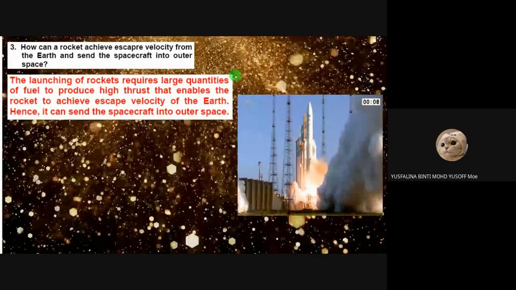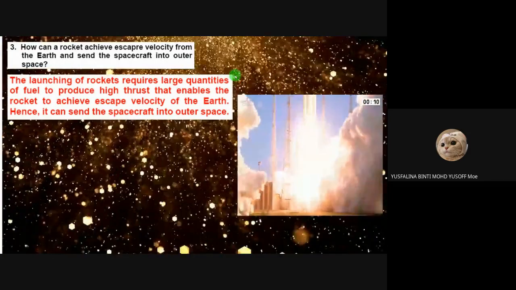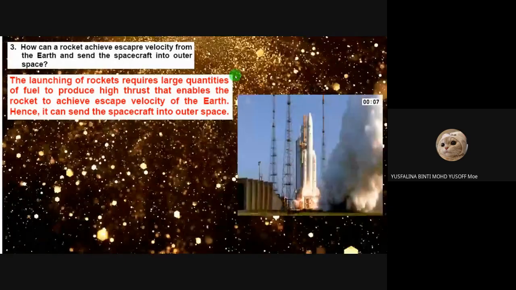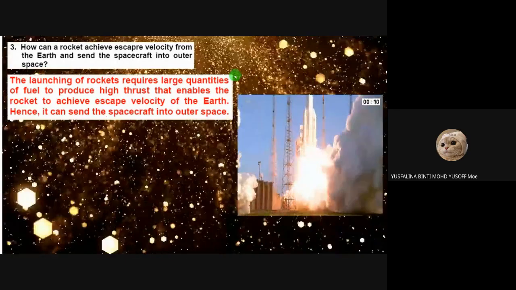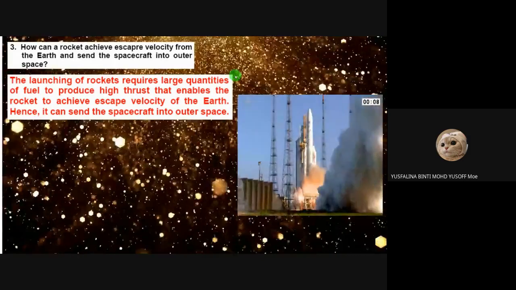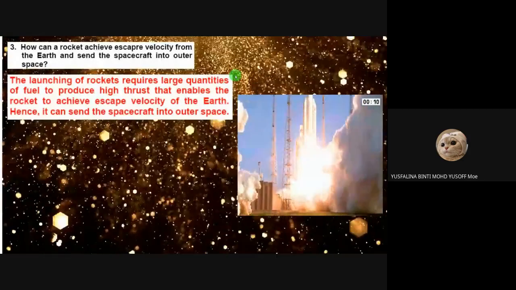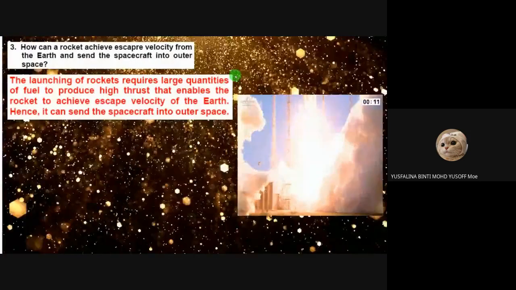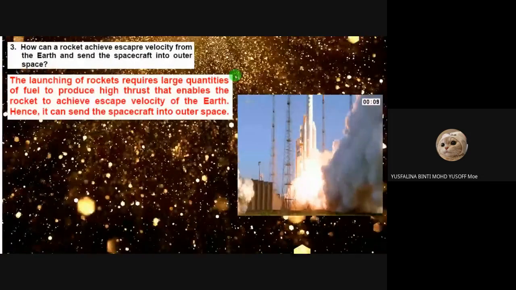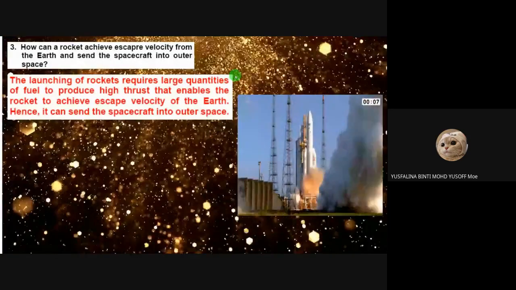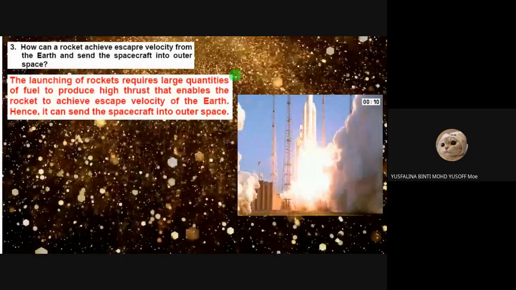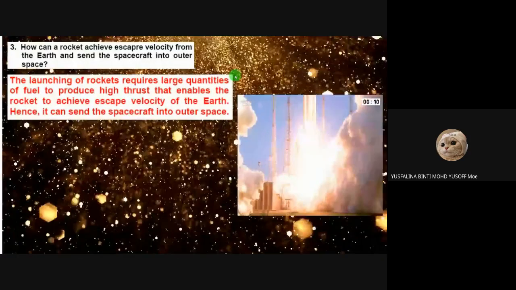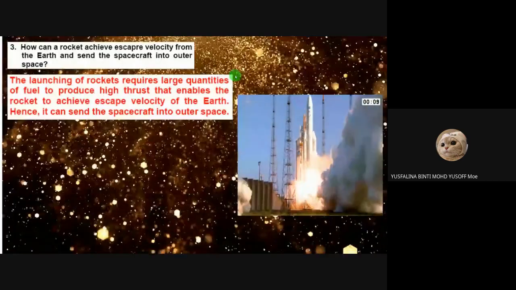The large quantity of fuel produces a high thrust that enables the rocket to achieve the escape velocity of the Earth. So this high thrust force will be able to overcome the escape velocity of the Earth, and that's why it can be launched to outer space.